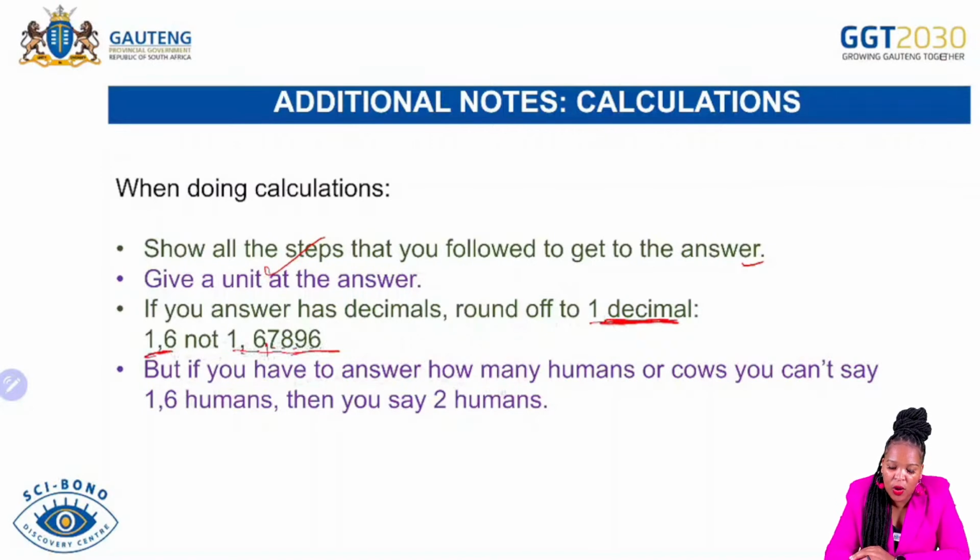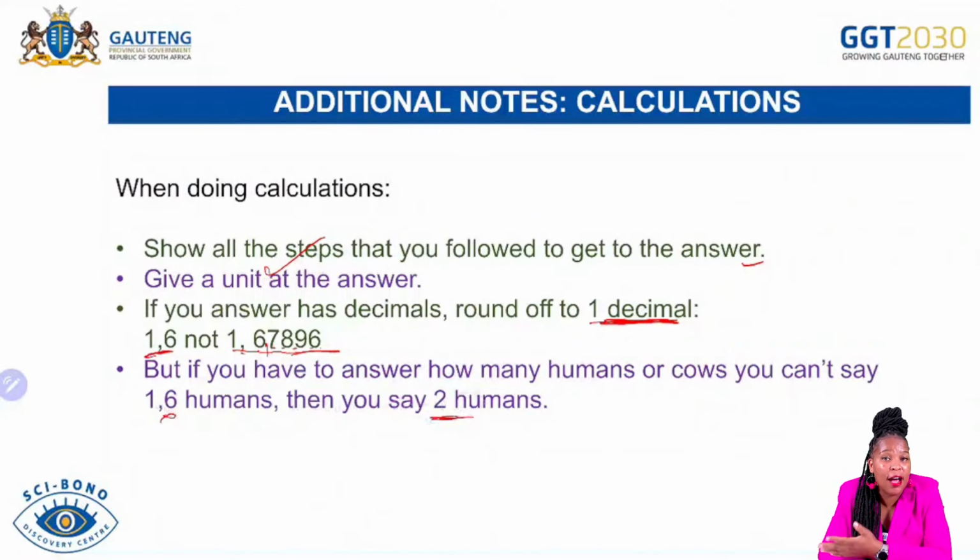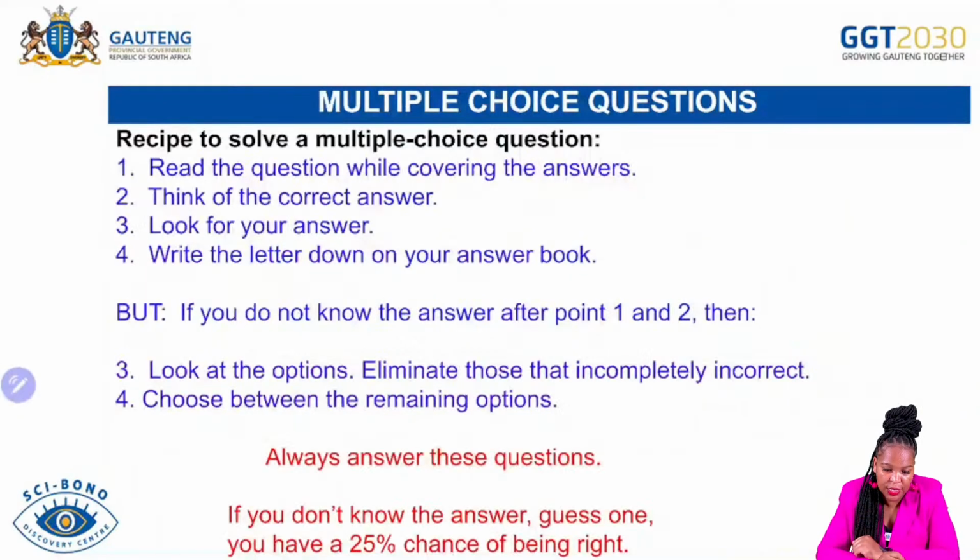But if you have to answer how many humans or cows, you can't say 1.6 humans, because what is half a human? So then you have to say 2 humans, because you cannot have half an animal or half a human. Please be careful of the context in which you are answering for your calculations.